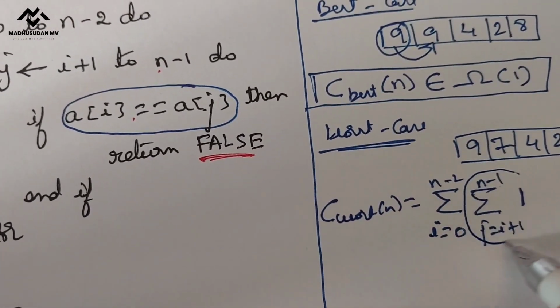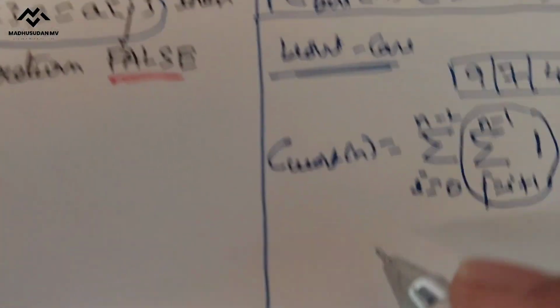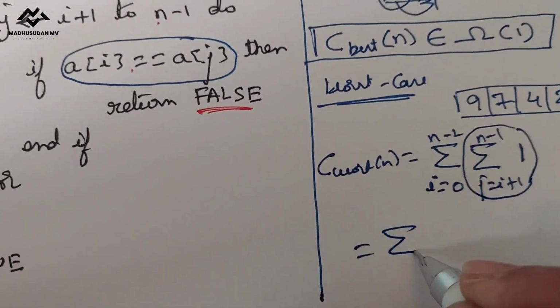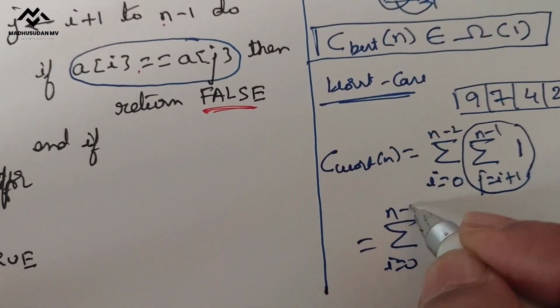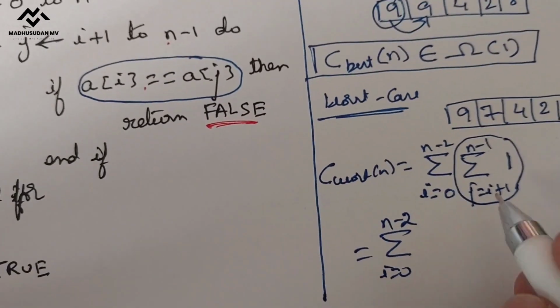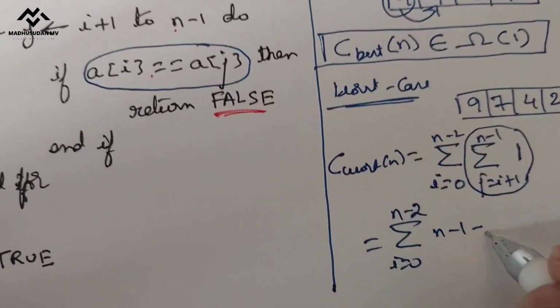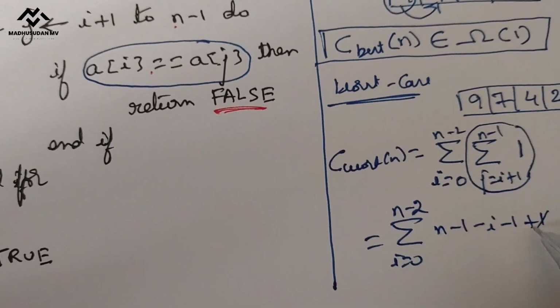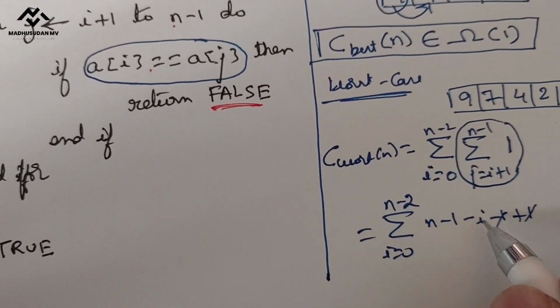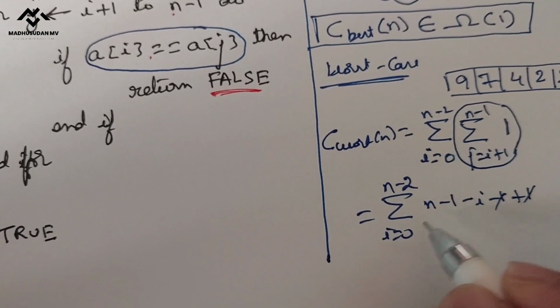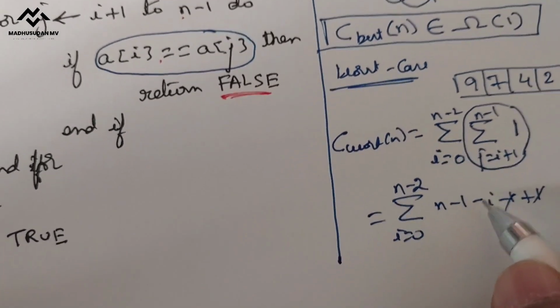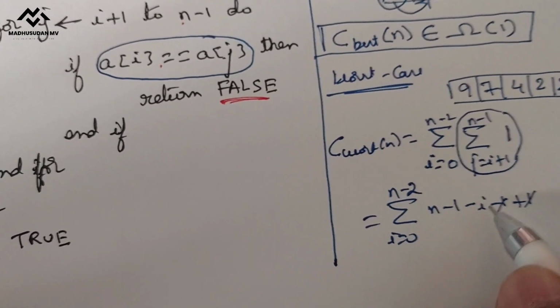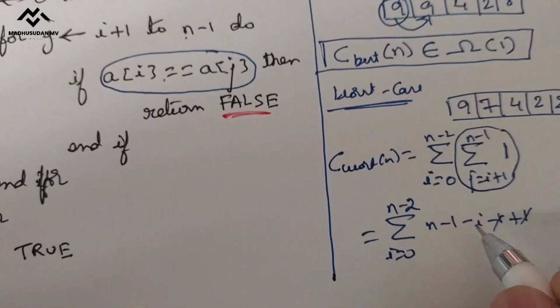Now apply the formula: for i equal to 0 to n minus 2, upper limit minus lower limit plus 1 gives n minus 1 minus i. Here i is varying.